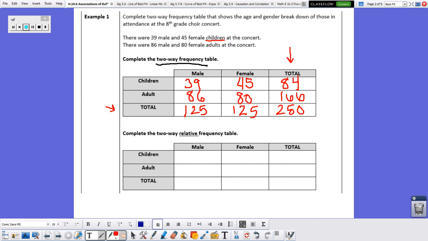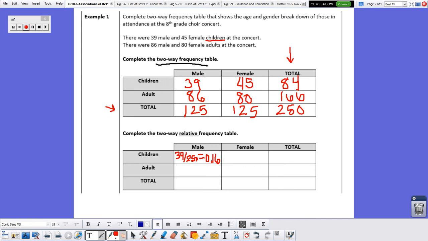Okay, so I'm just going to show my work for the first one and then fill it in from there. So we're going to have 39 divided by 250, which gives us 0.16. And we're going to do that for each and every box in this table.